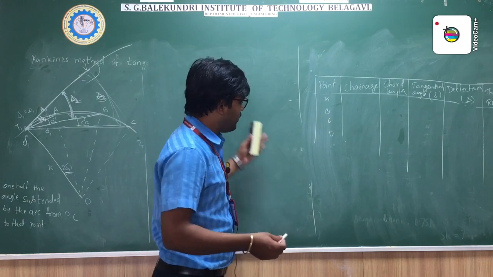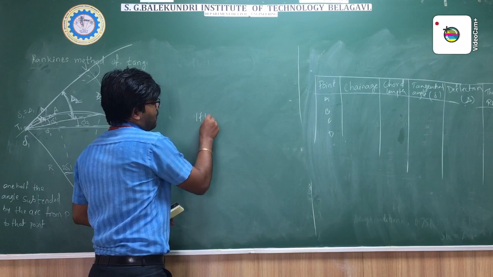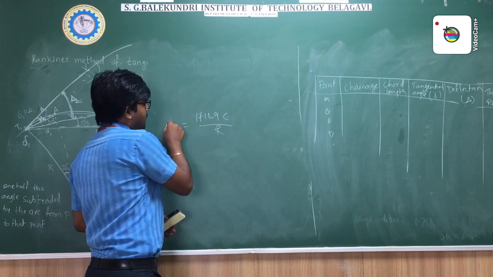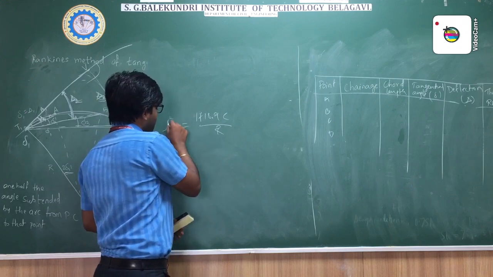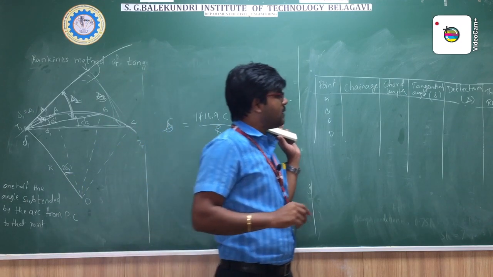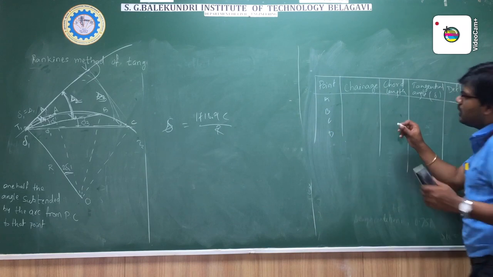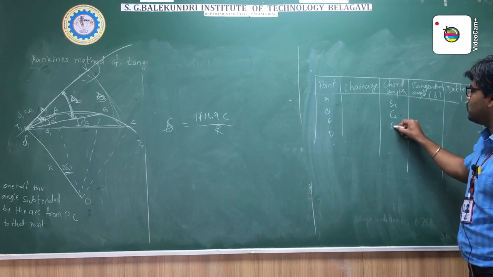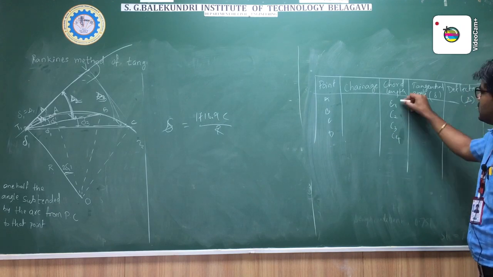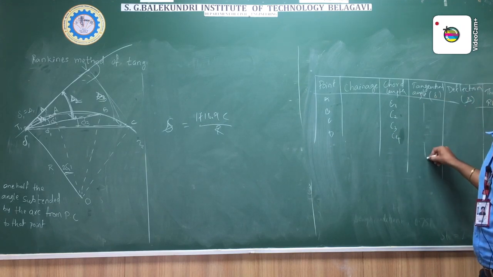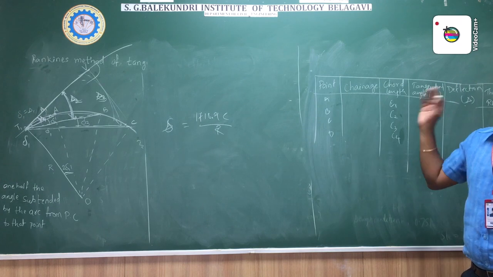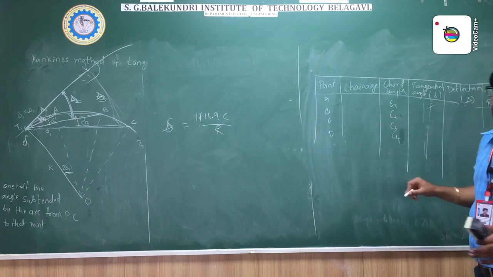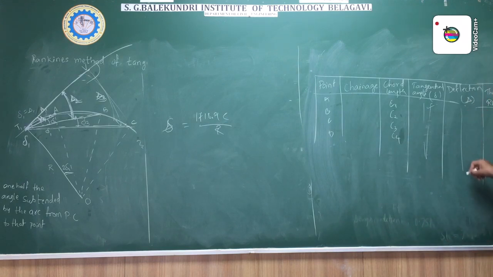With the help of the theodolite instrument you will be noting the tangential angle, deflection angle and theodolite reading. We have derived the formula. By that formula, with the help of chainage and the chord lengths C1, C2, C3, C4, the tangential angles can be calculated and the deflection angles can be measured here.